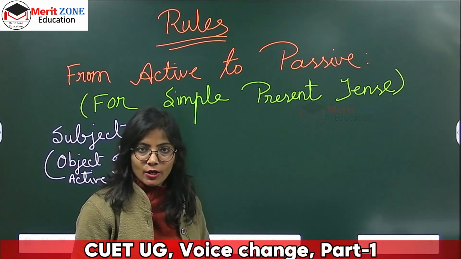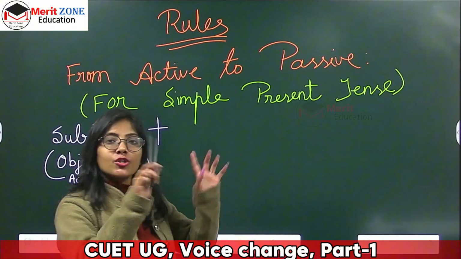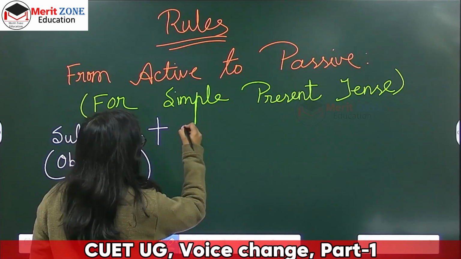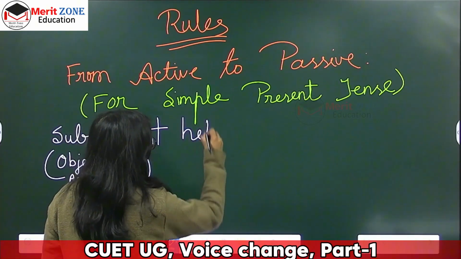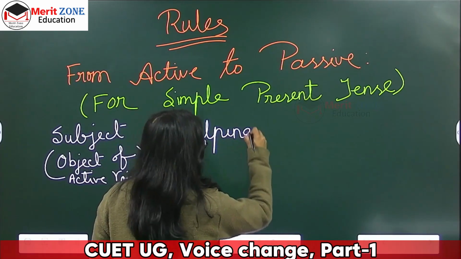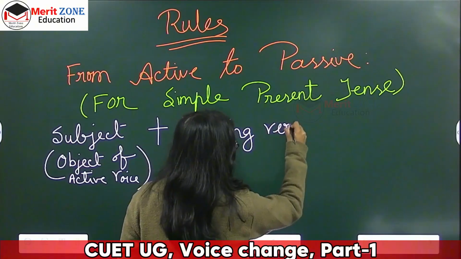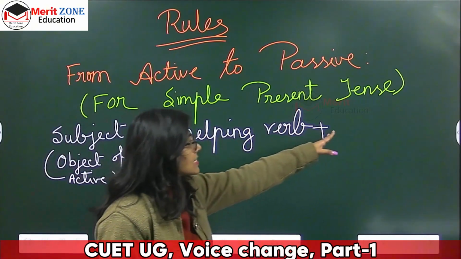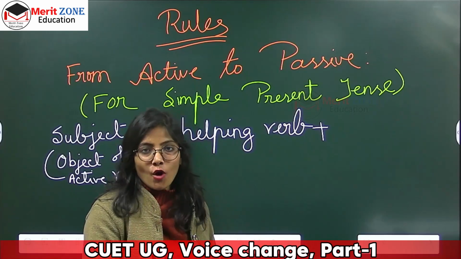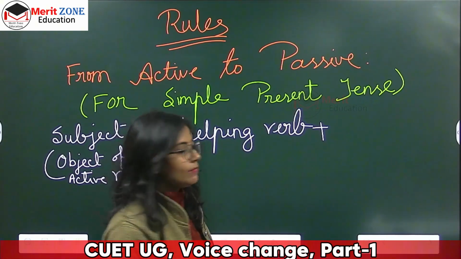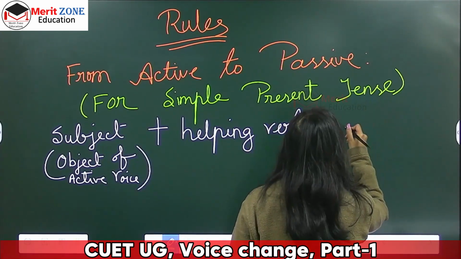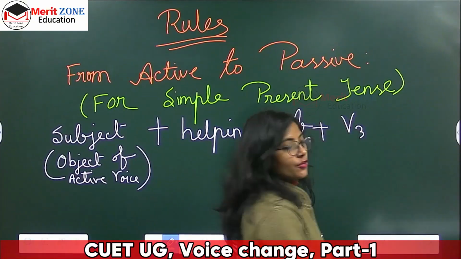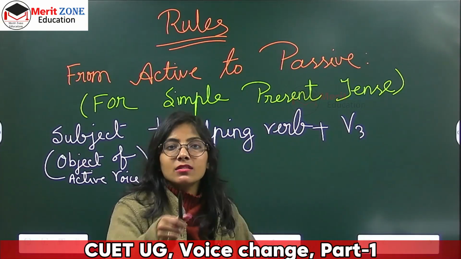helping verb. Okay, now the helping verb will be according to the subject. So helping verb, plus then comes the third form of the main verb, V3, as in the third form of the verb.